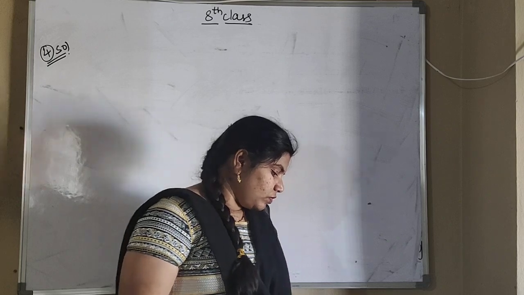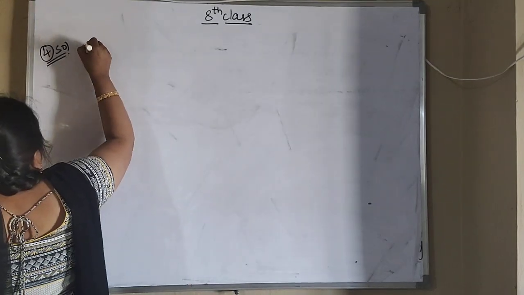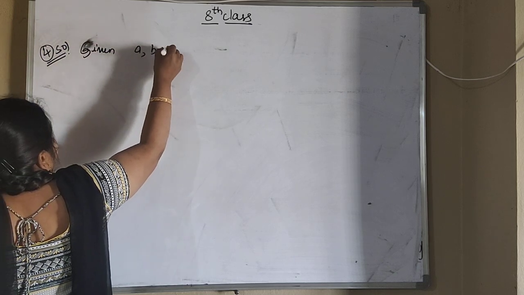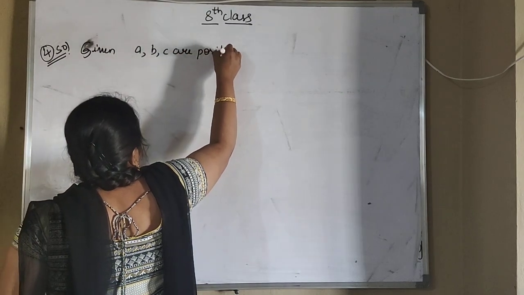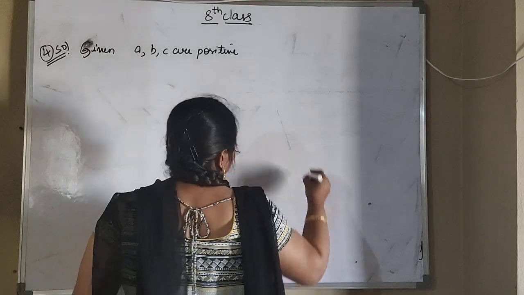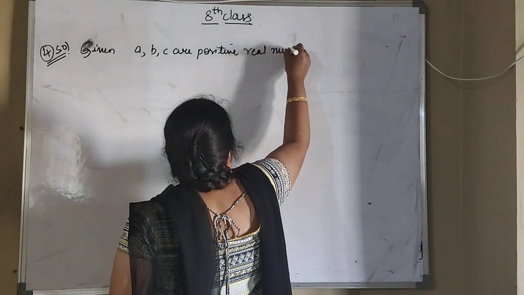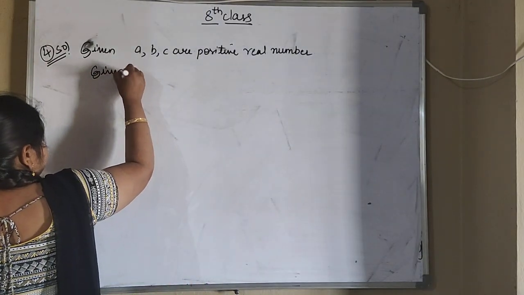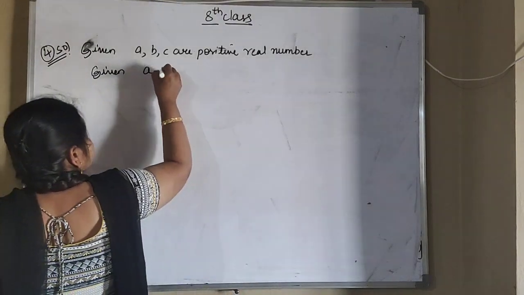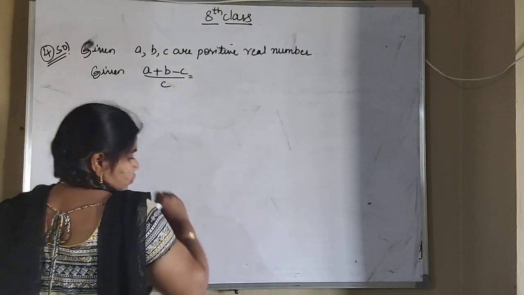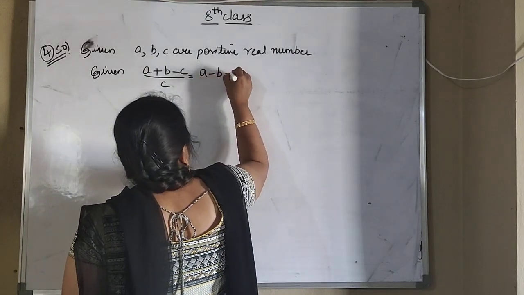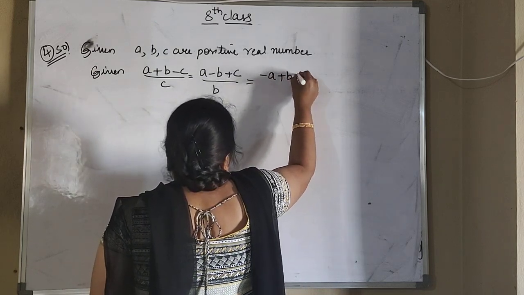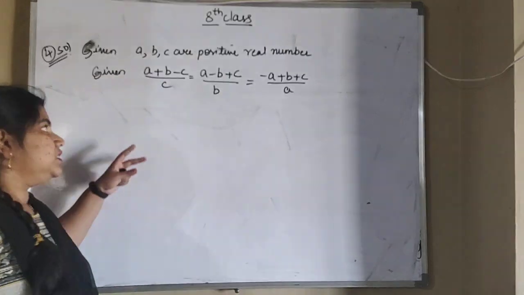So here they have given that A, B, C are positive real numbers, and they also given that (A plus B minus C) by C is equal to (A minus B plus C) by B is equal to (minus A plus B plus C) by A. So these three values are equal.